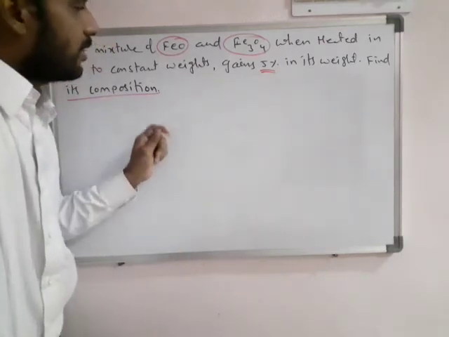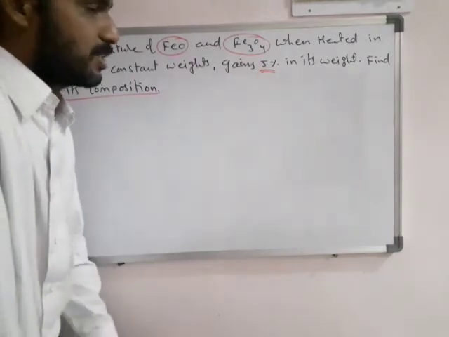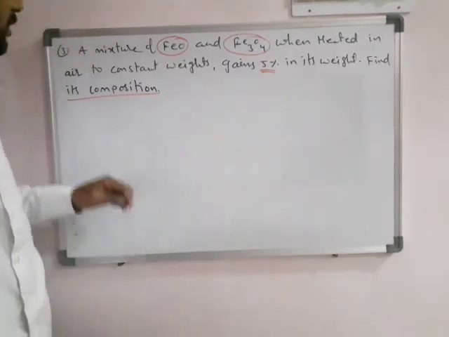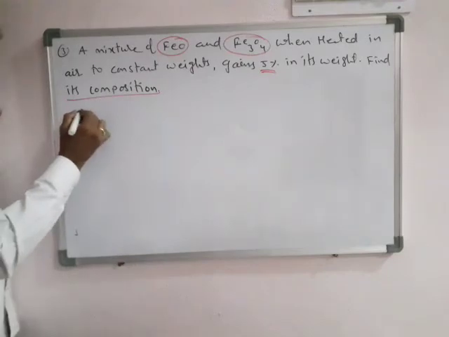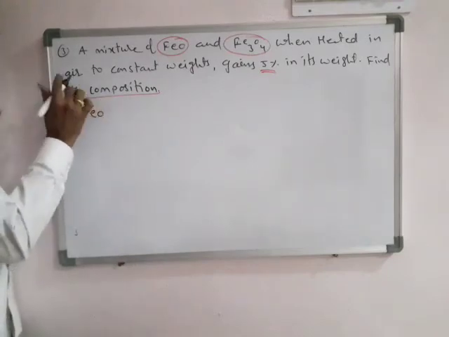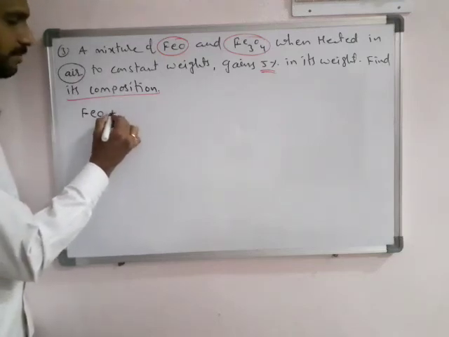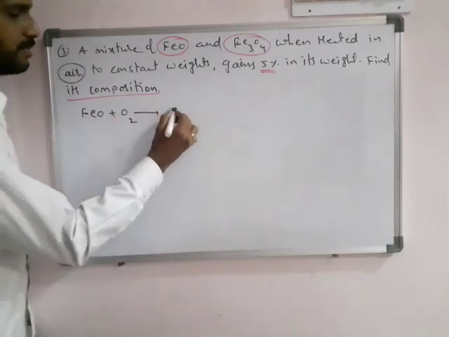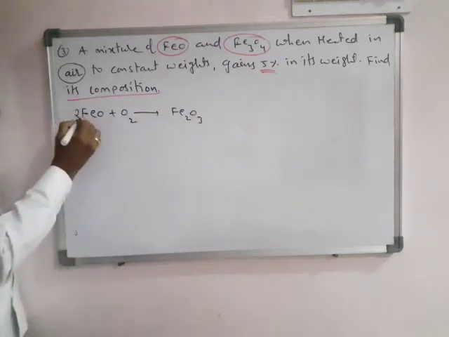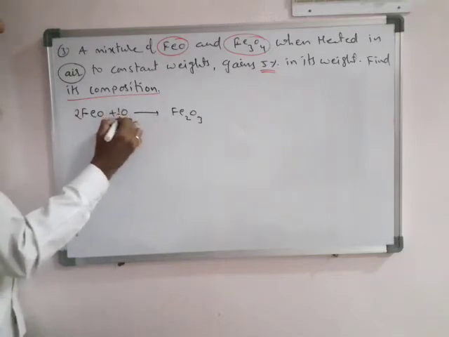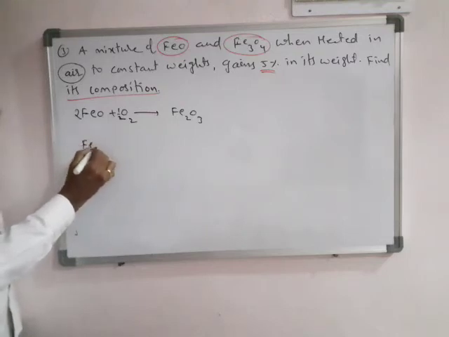It is just given that after completion of the reaction there is a 5% increase. The reaction is just a heating reaction. So on heating FeO in air, it is generally an oxidation reaction. It forms Fe2O3. So we must know this type of reaction. Just for balancing purposes, FeO plus a quarter O2 gives half Fe2O3. Next, what about Fe3O4?